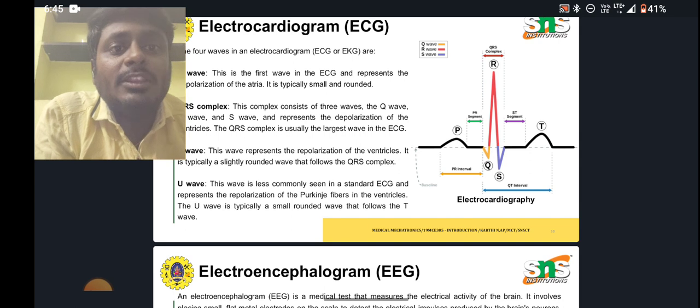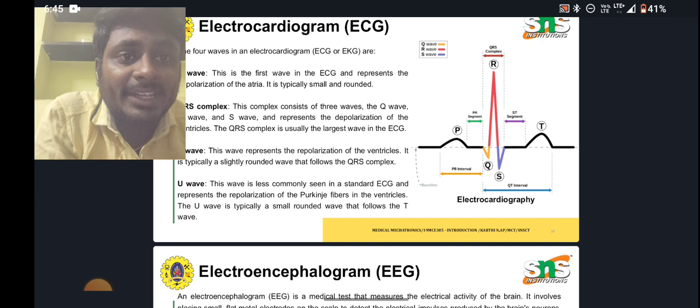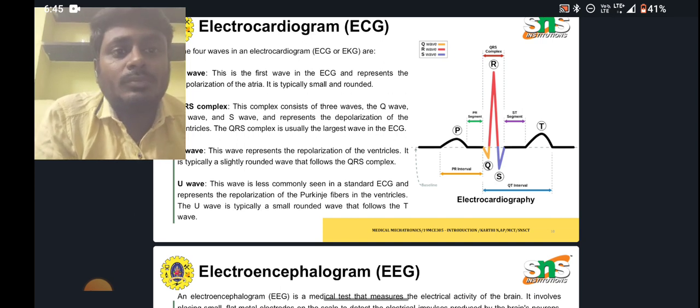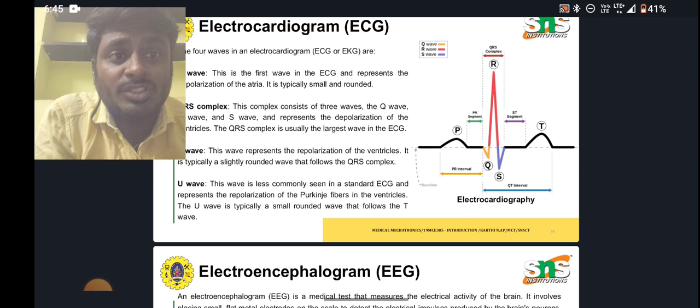The T wave represents the repolarization of the ventricles. It is typically a slightly rounded wave that follows the QRS complex. And the U wave is less commonly seen in the standard ECG and represents the repolarization of the Purkinje fibers in the ventricles. The U wave is typically a small rounded wave that follows the T wave.